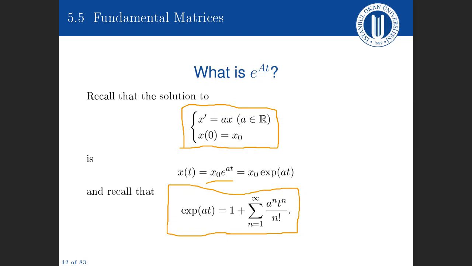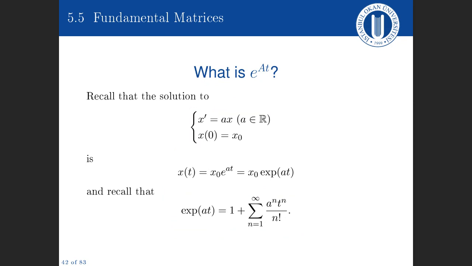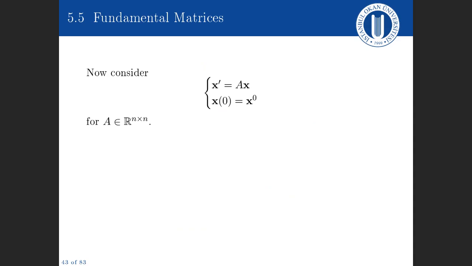So instead of x prime is equal to a number a x, I want to look at x prime is equal to a matrix capital A x with the initial condition x at 0 is x0.